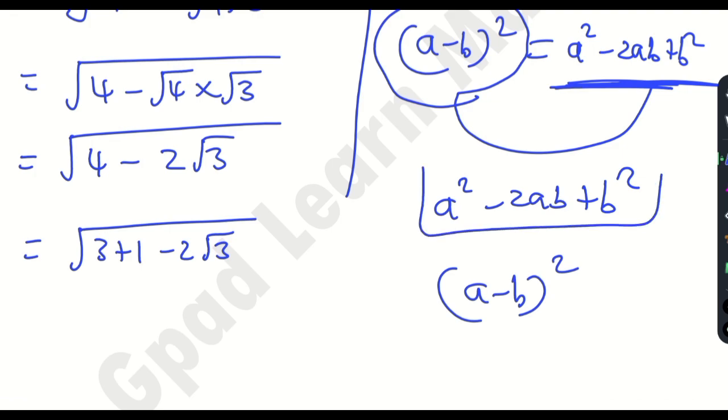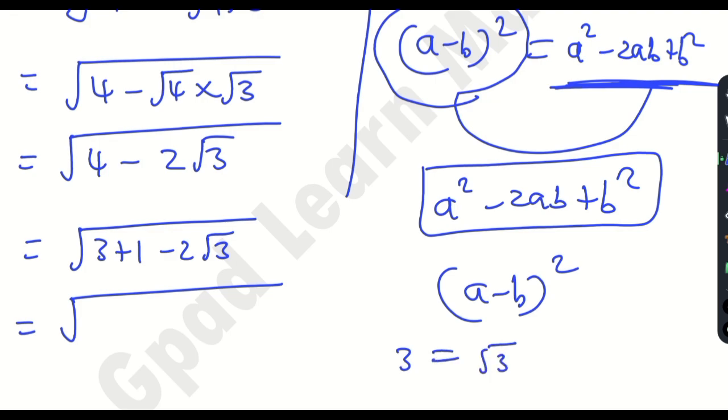Remember, I need to make it of this form, a squared minus 2ab plus b squared. So let's come here. This is 3, but we want the square of a term. And of course, we know that 1 is already 1 squared, because 1 squared is still 1. So this can be rewritten as what? I can write 3 as root 3 raised by 2. Yes, I can do that.